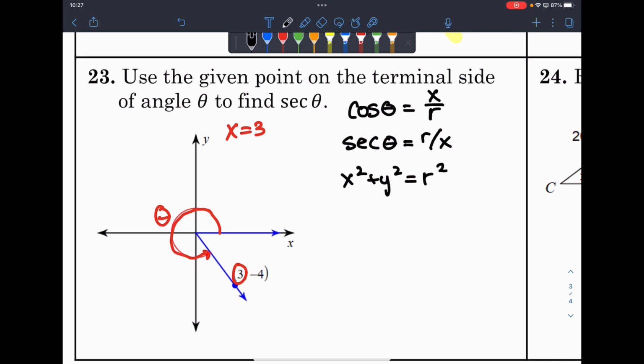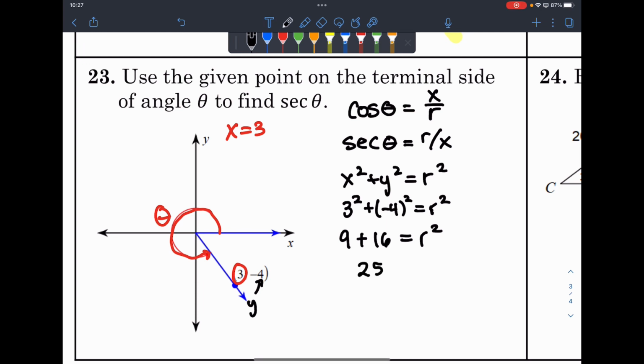Replacing x with 3 and y with -4, that's going to equal r squared. So 9 plus 16 equals r squared, which adds up to 25. Taking the square root, we get that r is equal to 5.